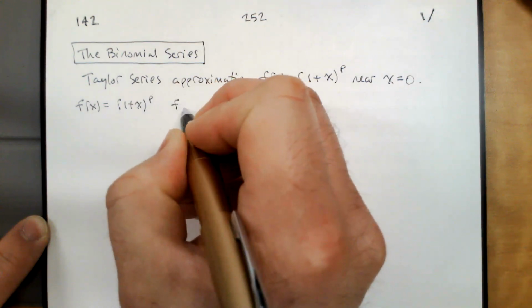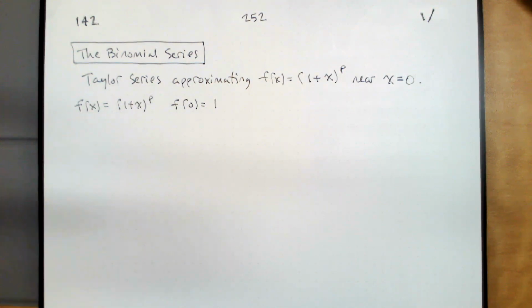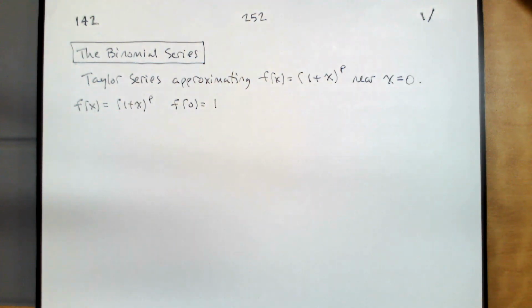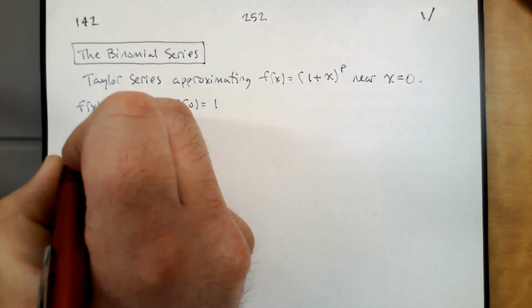And we need f of 0, which is going to be 1. We need to take a bunch of derivatives and then plug in 0, and look for a pattern while we're doing it. We don't want to just mindlessly take derivatives and plug in 0. Although that could be, I don't know, maybe that's how you chill out. I don't know. No judgment.